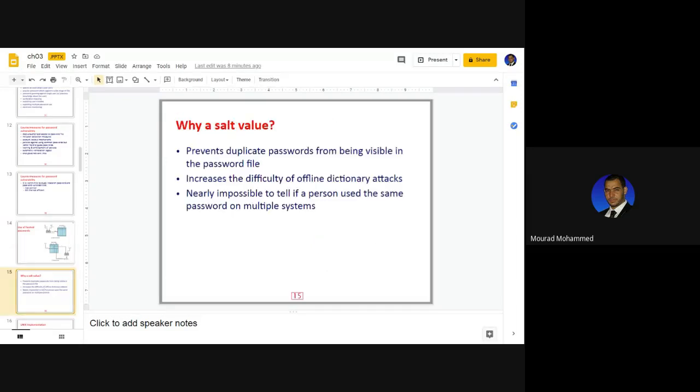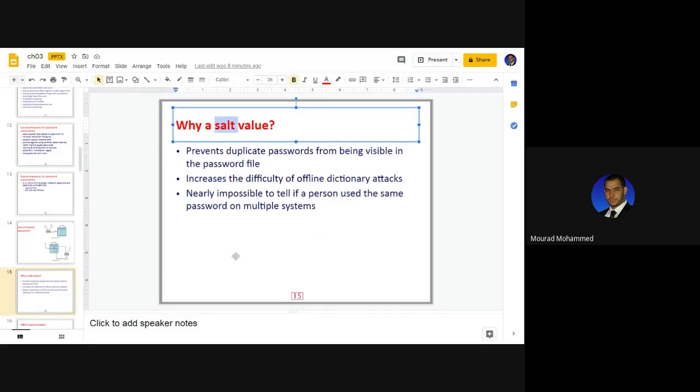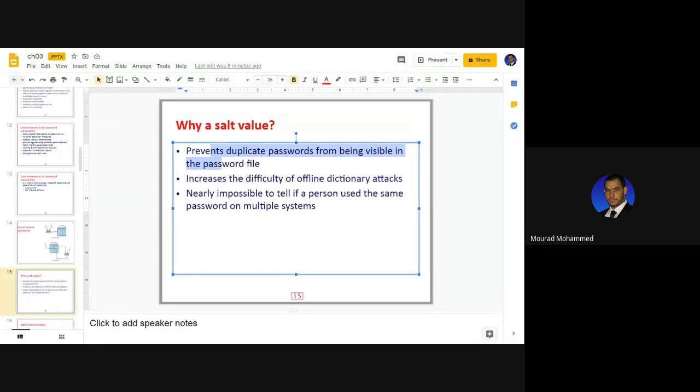So a salt value imposes extra difficulty and complexity on the password in order to make it more secure. And this salt will prevent the password from being implicitly or explicitly seen by the system or other system users. Yes, difficulty, absolutely true.